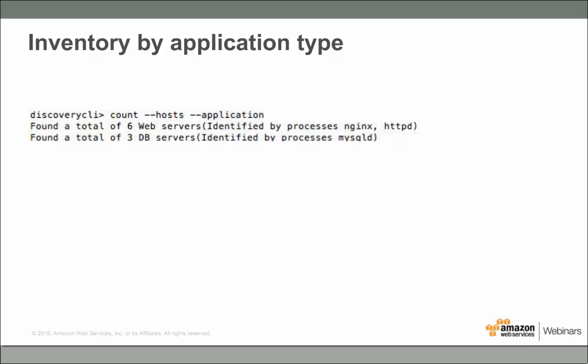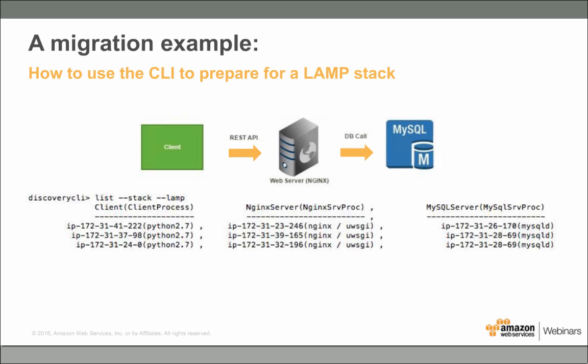And then likewise, the last line shows that we identified 3 servers are running databases, and the way we identified is because there's a process called MySQLD running on the server. The agent identified those processes, and therefore the agent is making a recommendation for you, saying that there are about 6 servers which are running web, and there are 3 which are running databases. Let's move on to the next slide.